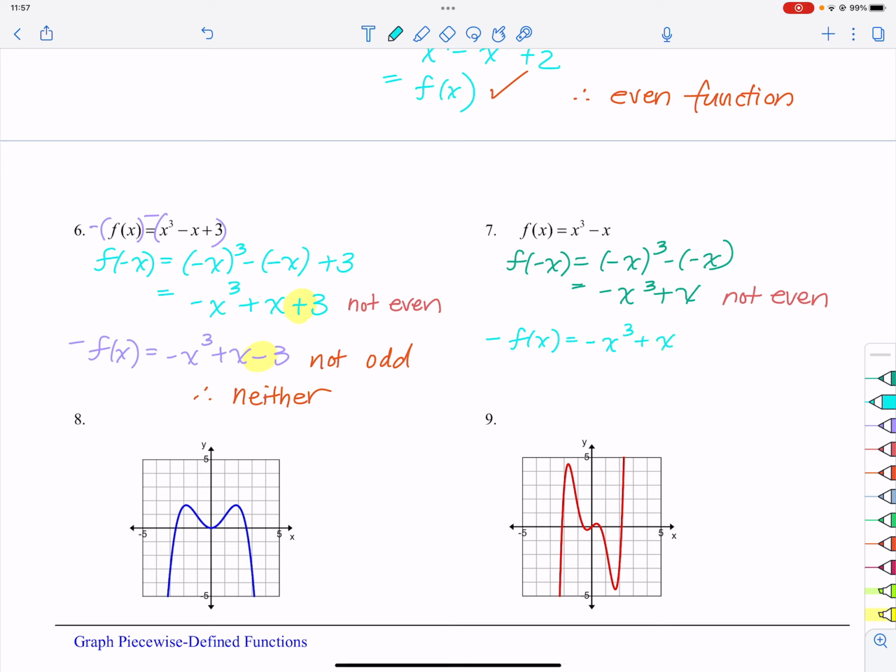And actually, that's what we got. That is actually equal to f of negative x. Therefore, we are odd. So this is equal to f of negative x. So we have an odd function.